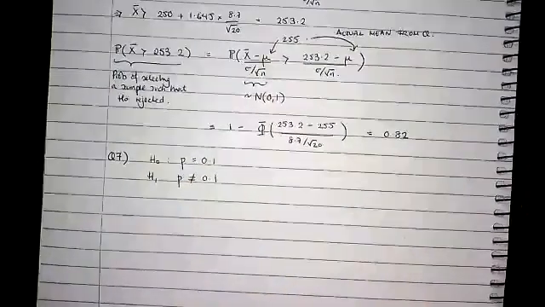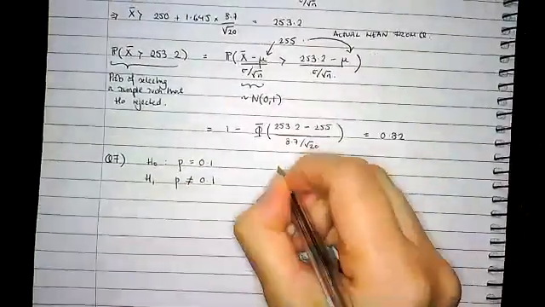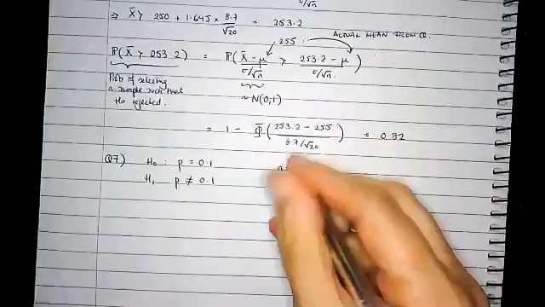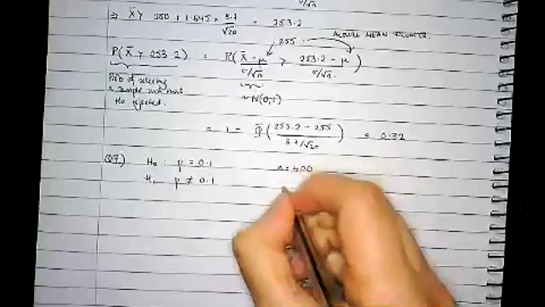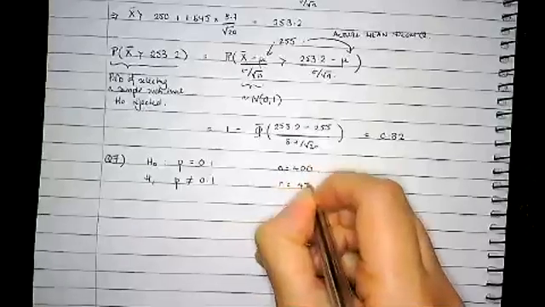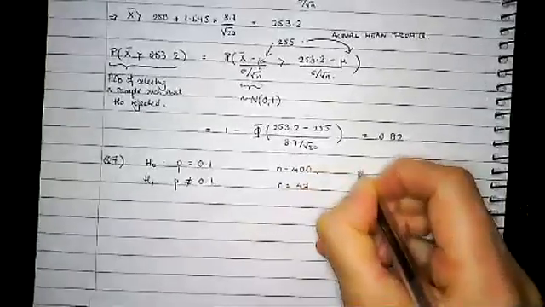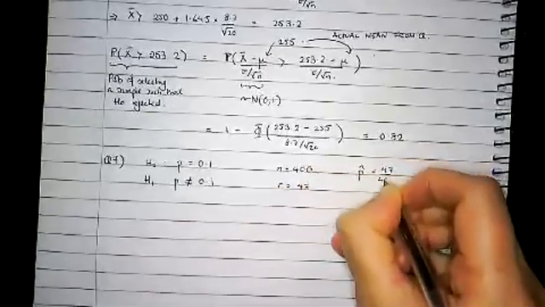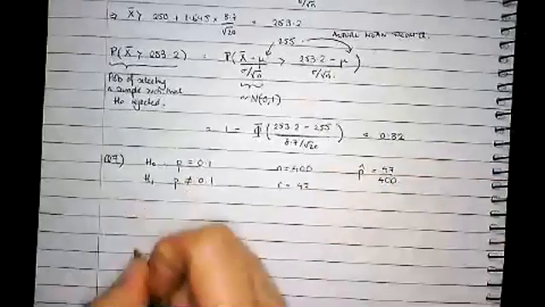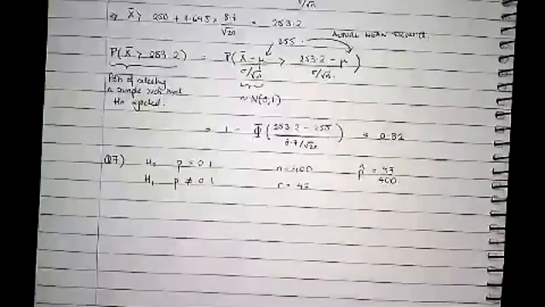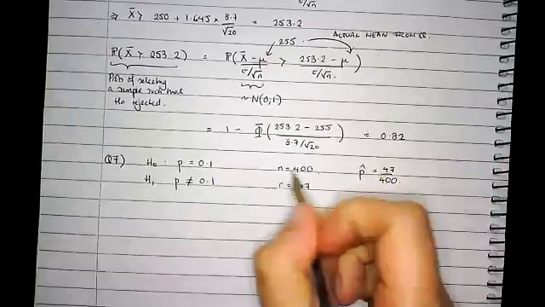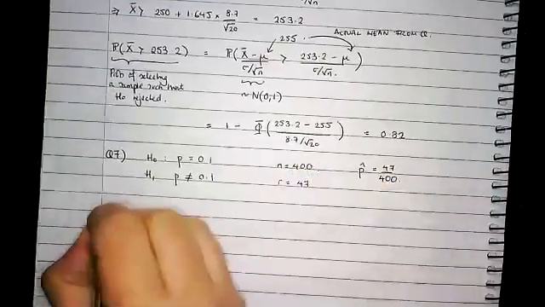Now, we've got a big sample of 400 people, and we've observed that 47 of them are left-handed. So we've observed a proportion of 47 over 400. We know that people are either left-handed or they're not, so the number of left-handed people in a sample of size 400.